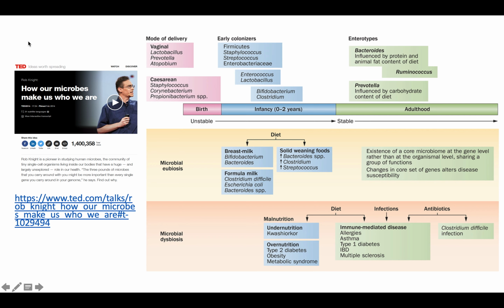But once you've had antibiotics, the good bacteria, of course, may die off, and bacteria such as Clostridium difficile, which causes infection and disease, take over.